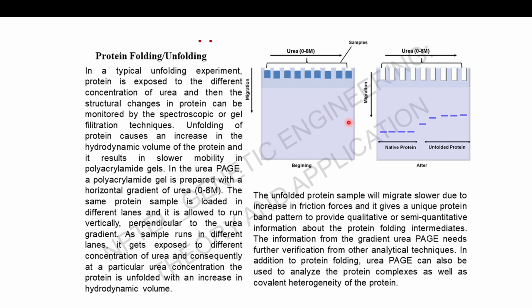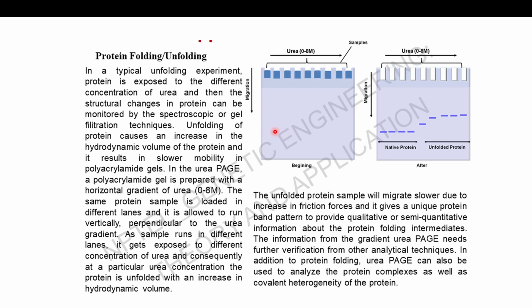Then you just keep it straight, and this one will have the highest concentration of urea, and this will have the lowest. So complete unfolding will be visible towards this extreme right portion.